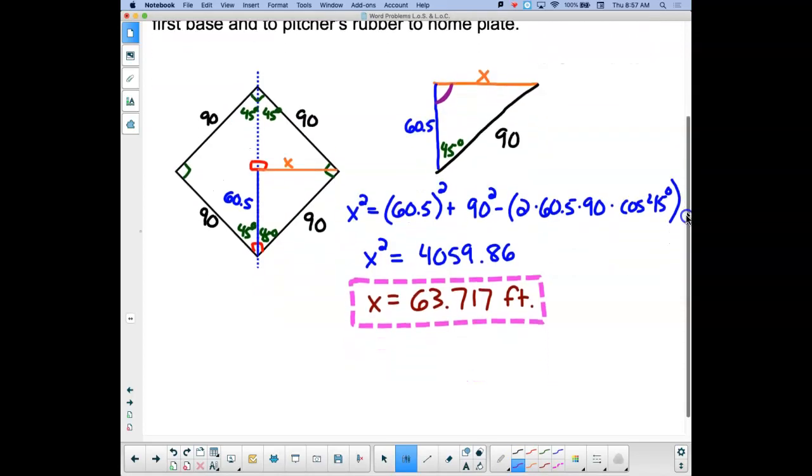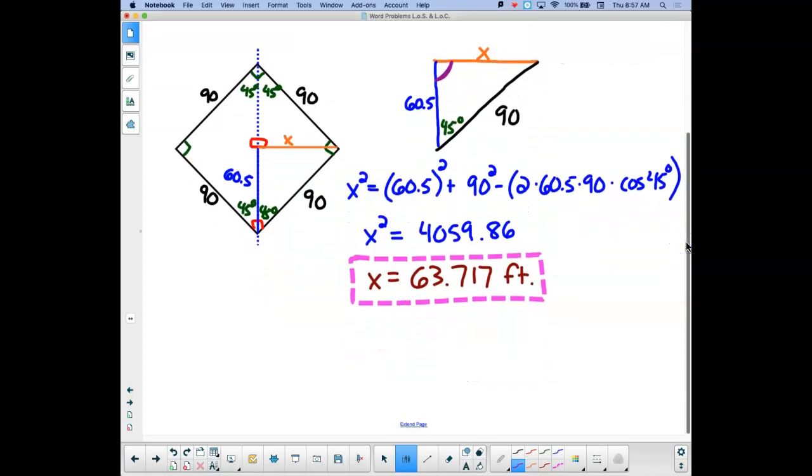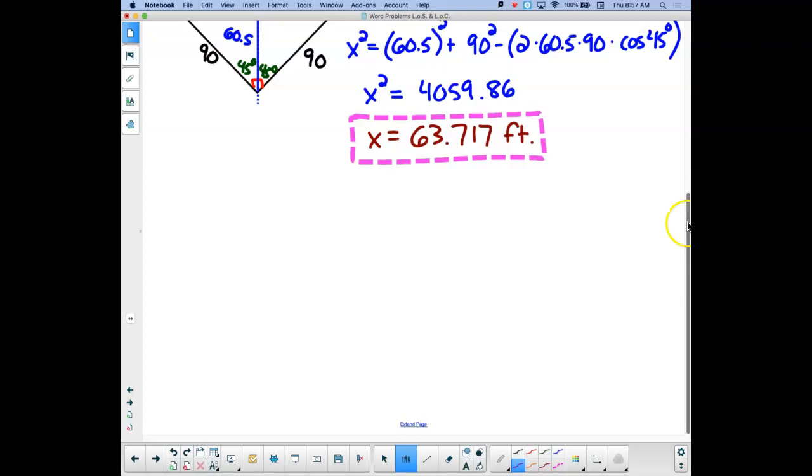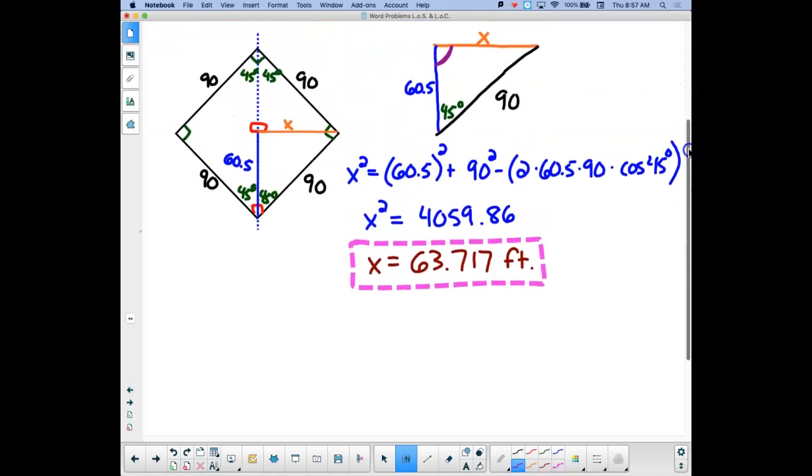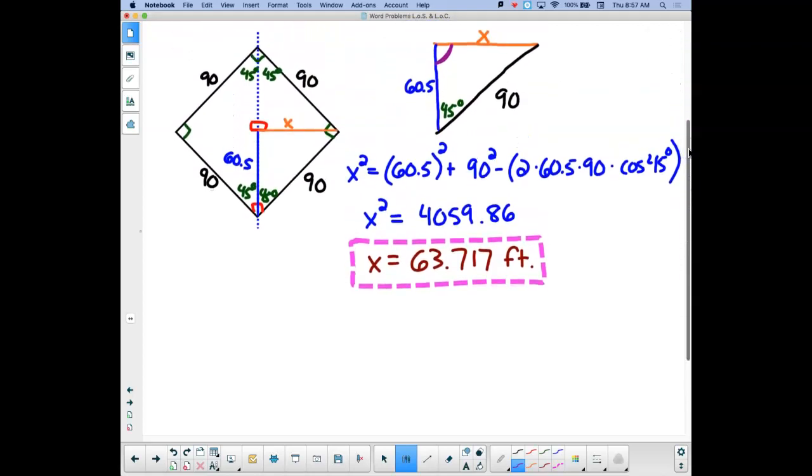How am I going to find that angle based off of what we have? Law of cosines? Or is it easier? Law of sines. On any triangle, you should only have to use law of cosines one time.